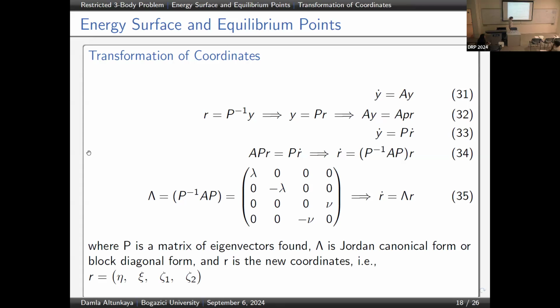Now I will transform my coordinates, just for simplicity again. And here you can see I will use the Jordan canonical form. Now my system is in the form of this equation.